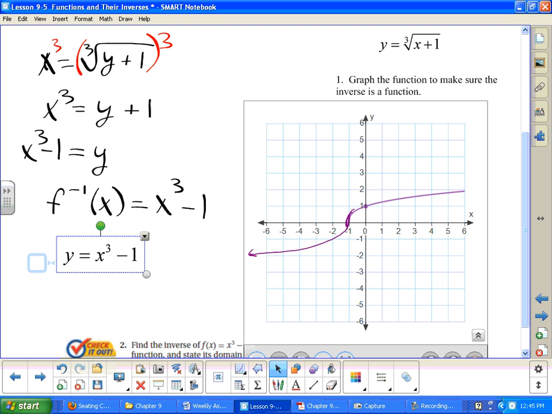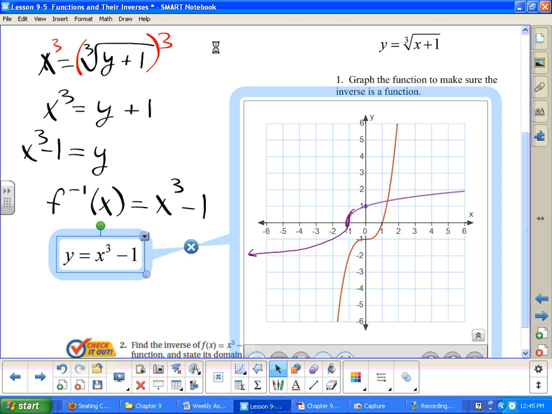Okay, so the inverse is going to look like this. There we go. Okay. So what's the domain and range for x cubed minus 1?